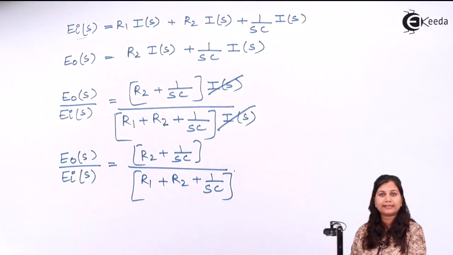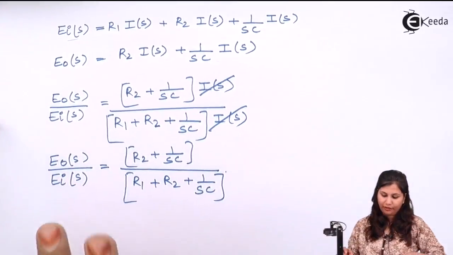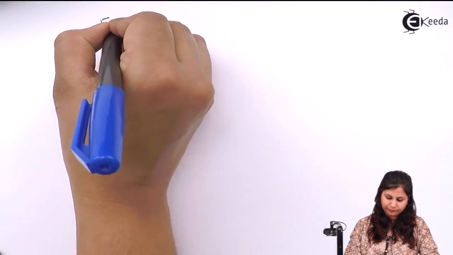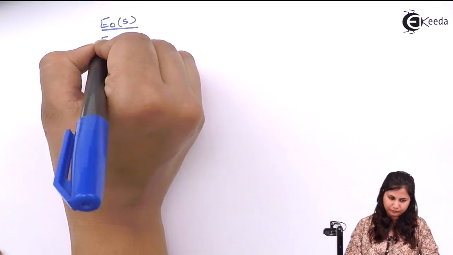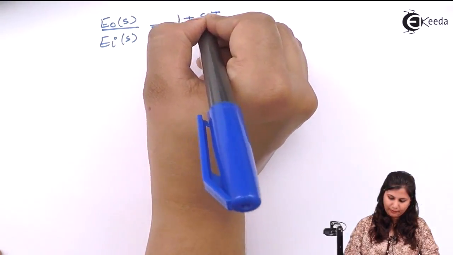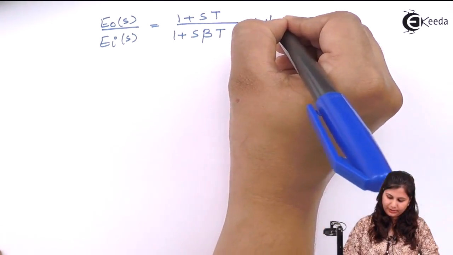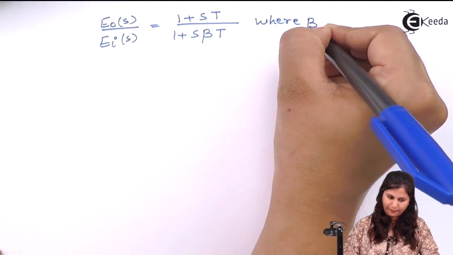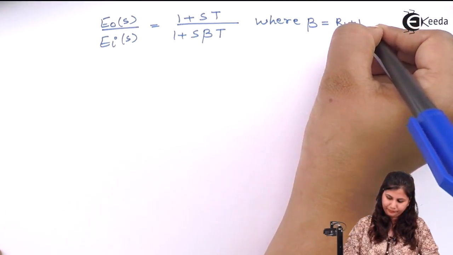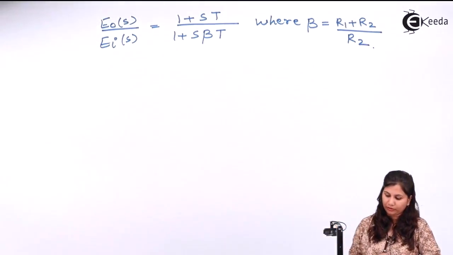Now just like the phase lead network, where we introduced a constant alpha, here we will introduce another constant beta. So the transfer function will become 1 plus sT upon 1 plus s beta T, where beta is (R1 plus R2) upon R2.